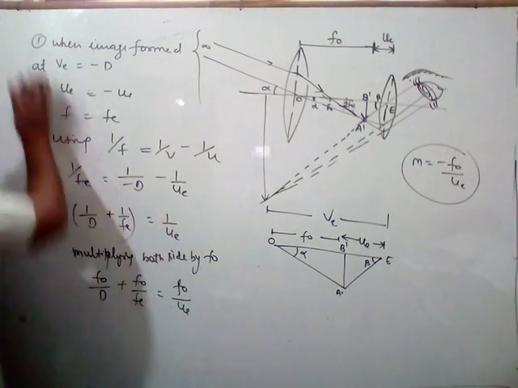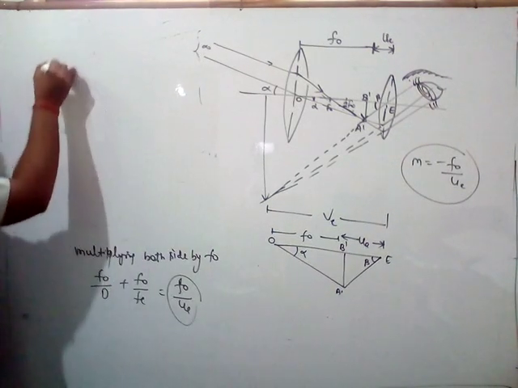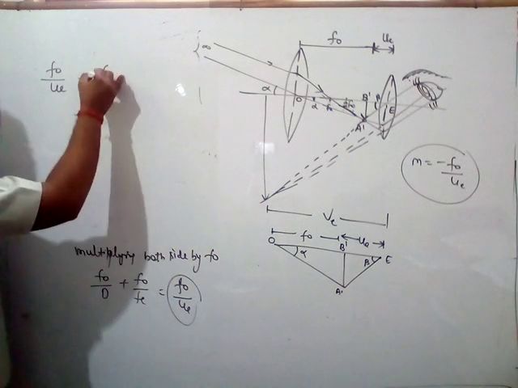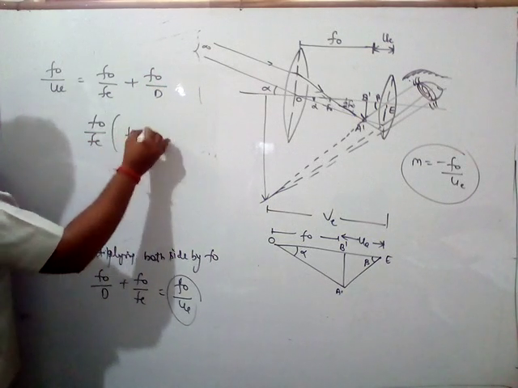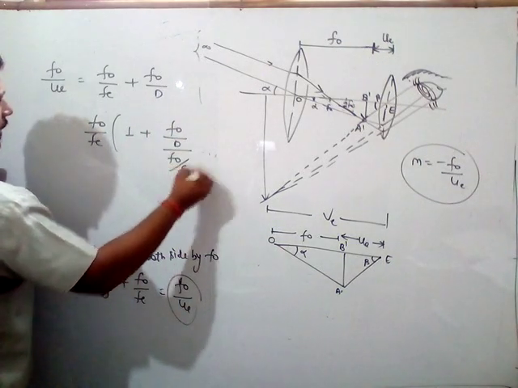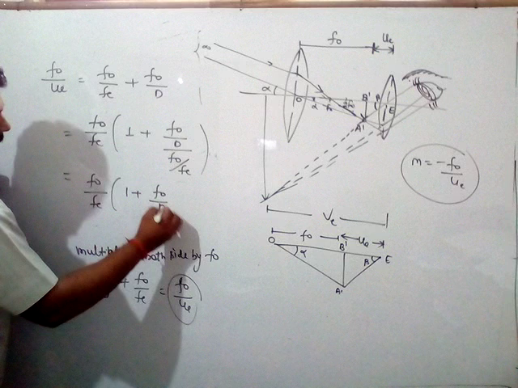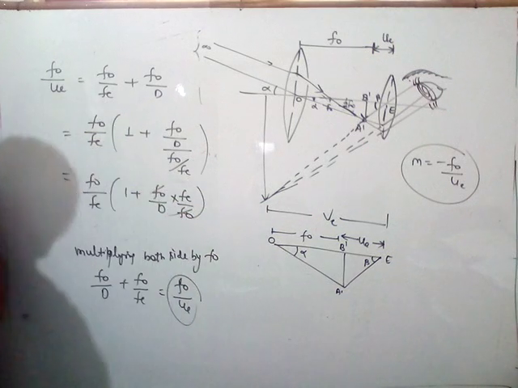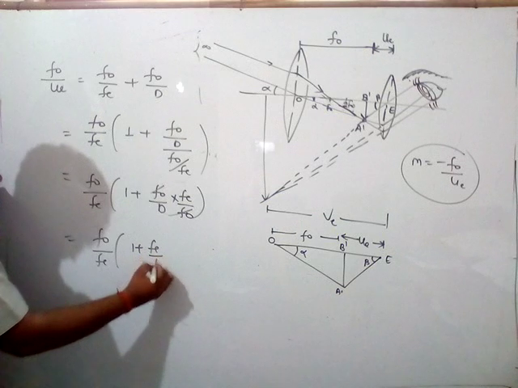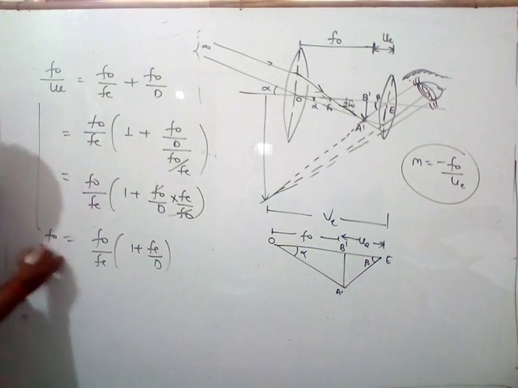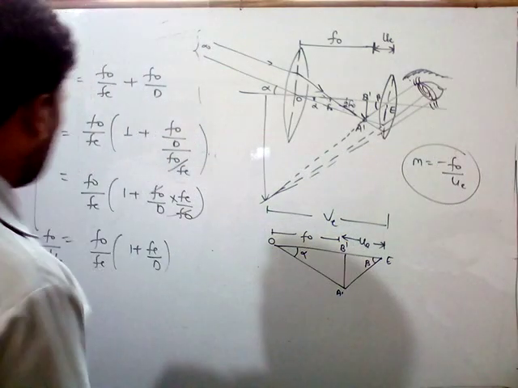So FO upon UE is equal to FO upon FE plus FO upon D. Taking FO by FE common, we get 1 plus FO upon D into FE upon FO, so it will be written as FO upon FE into 1 plus FE by D. It is equal to FO upon UE, and you know that the magnifying power is M equals minus FO by UE.